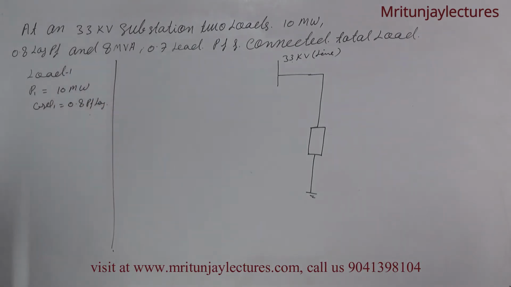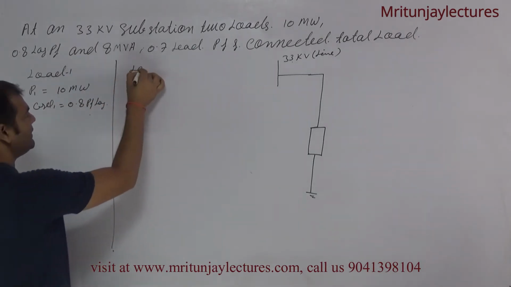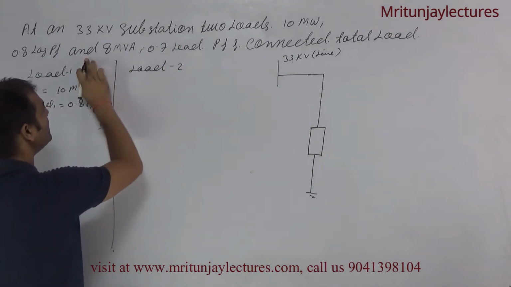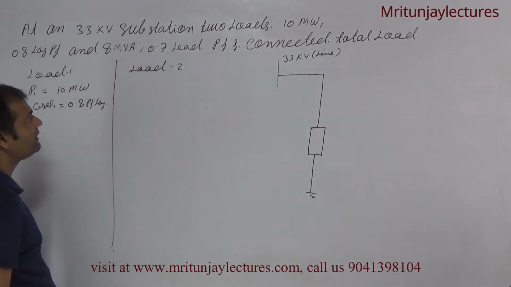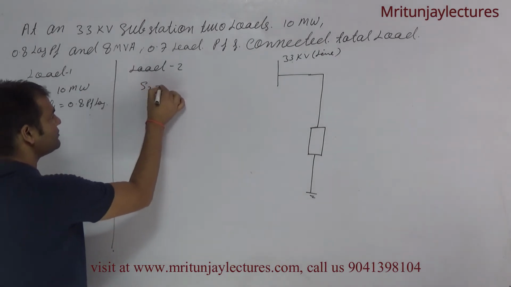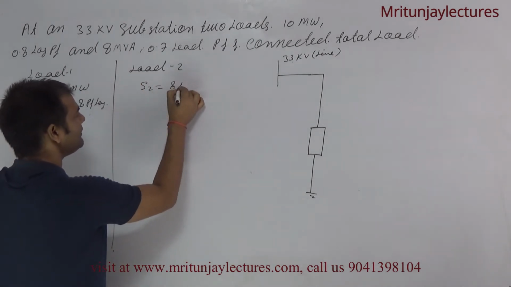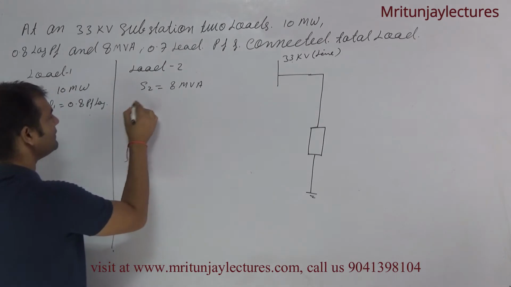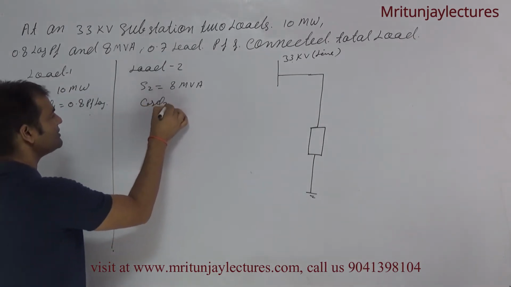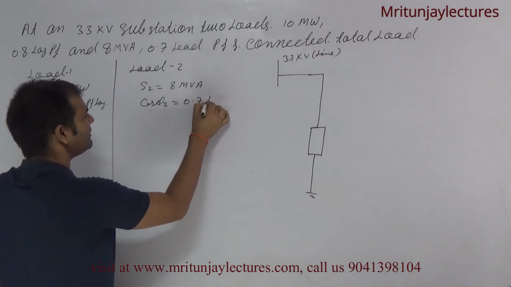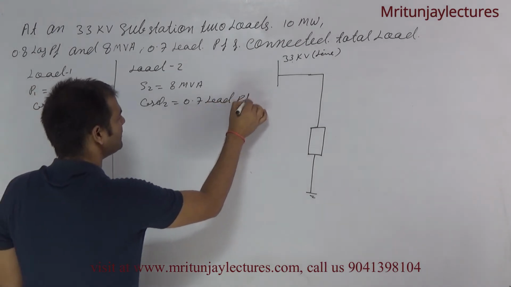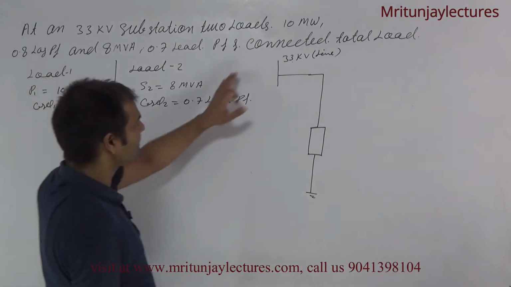And another load 2 is 8 MVA, so S2 is equal to 8 MVA and cos phi 2 is equal to 0.7 leading power factor.